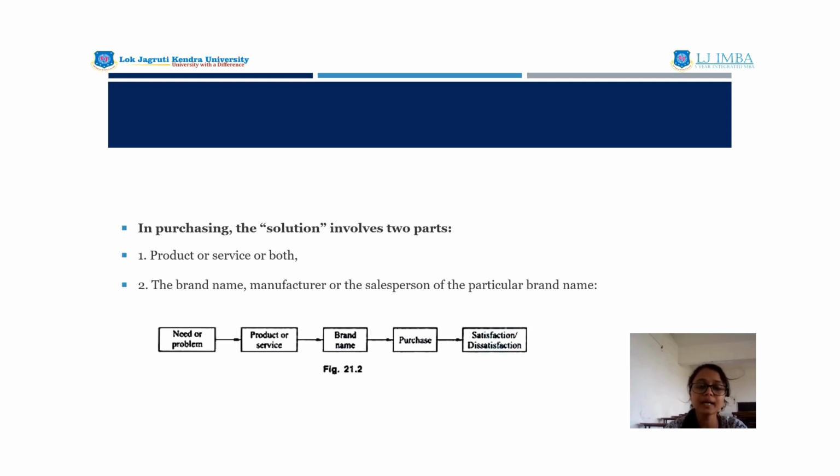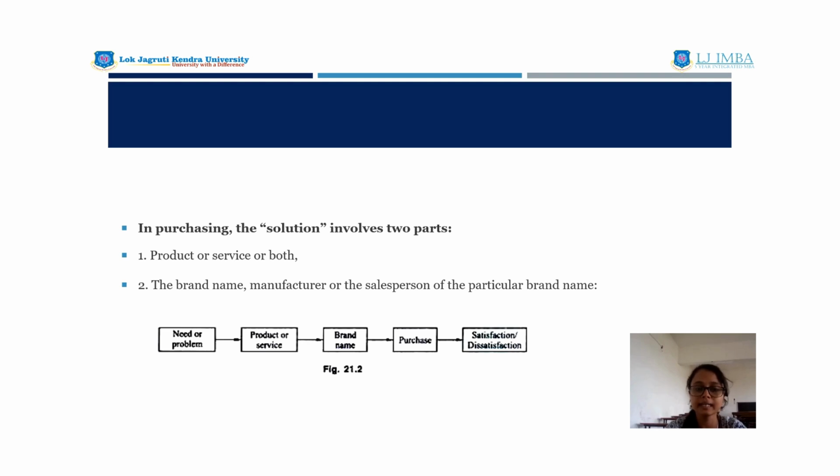So which brand would I like to pick? After choosing the product, we choose the brand. So my solution consists of two parts. First is the product: what product am I willing to choose? I was willing to choose a mobile phone. Then in mobile phones, what is the brand that I am going for? Whether I am going for iPhone or Samsung.